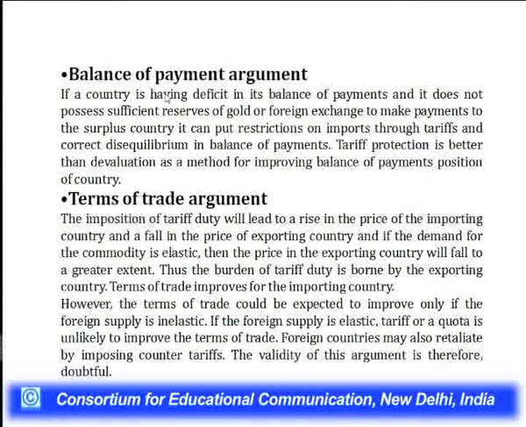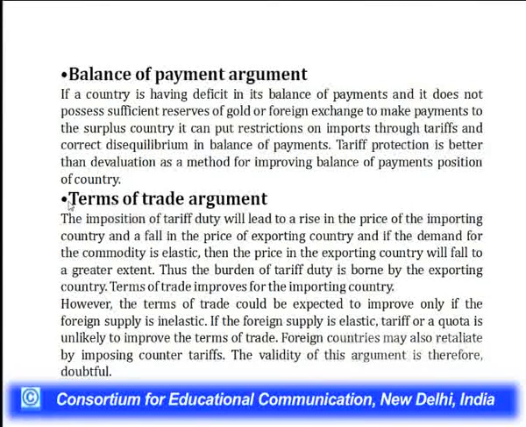If a country is having a deficit in its balance of payments and it does not possess sufficient reserves of gold or foreign exchange to make payments to the surplus country, it can put restrictions on imports through tariffs and correct disequilibrium in the balance of payments. Tariff protection is better than devaluation as a method for improving the balance of payments position of a country.